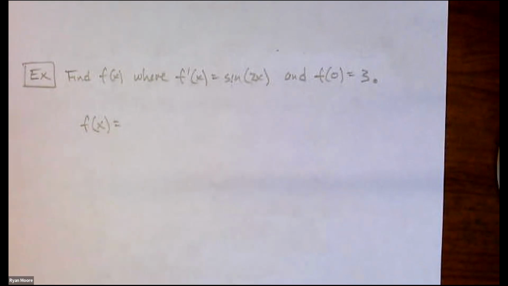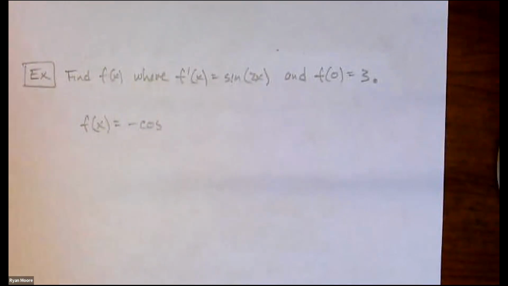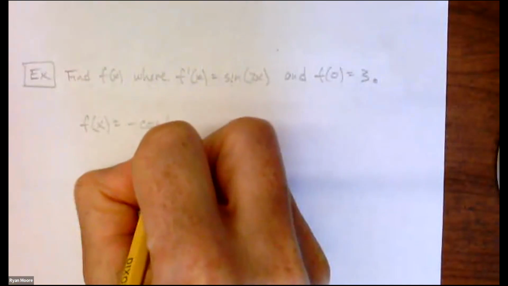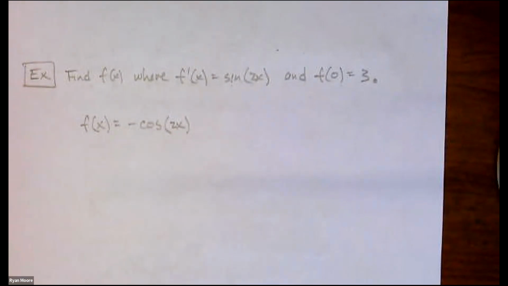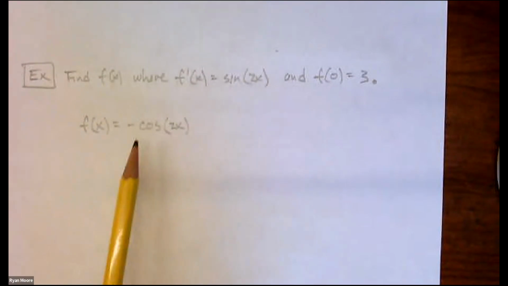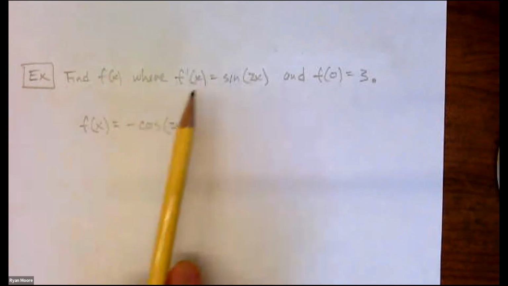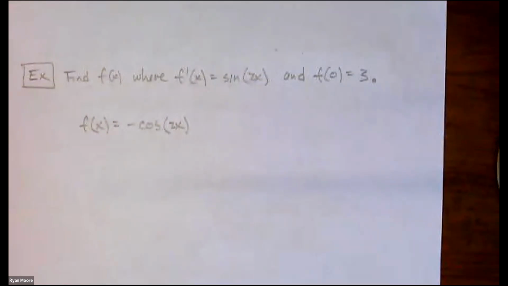So to end up with positive sine, we would need negative cosine. Let's go negative, and it would have the same argument, negative cosine 2x. Okay, that would get us the sine part, right? Derivative of cosine is negative sine, so this would end up being positive sine 2x.